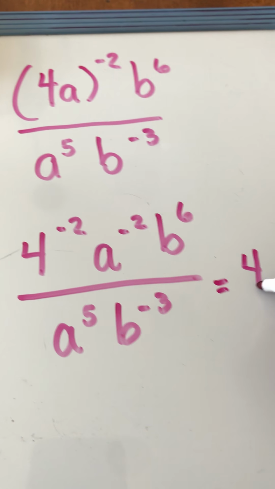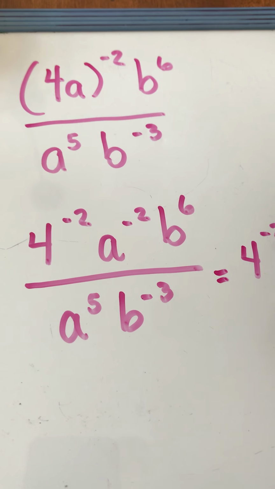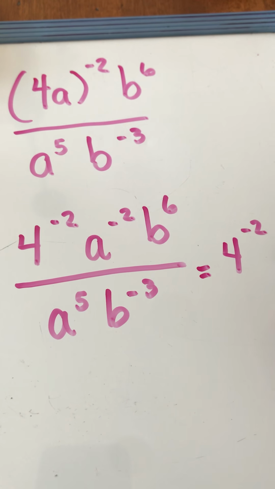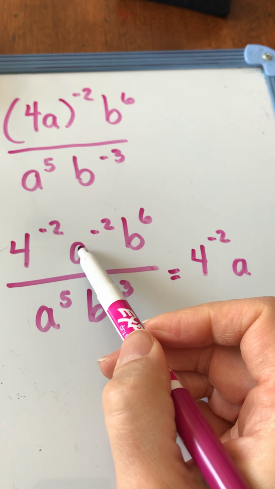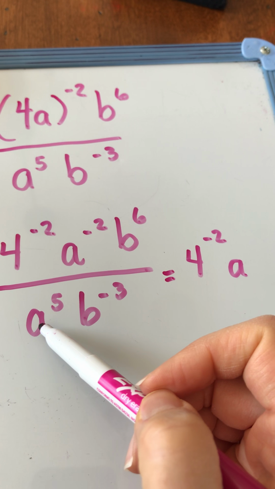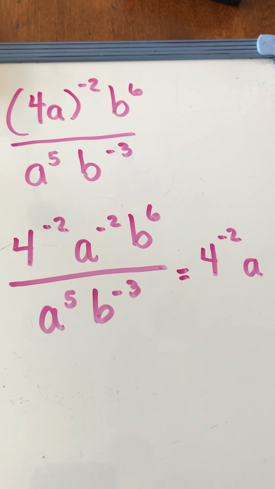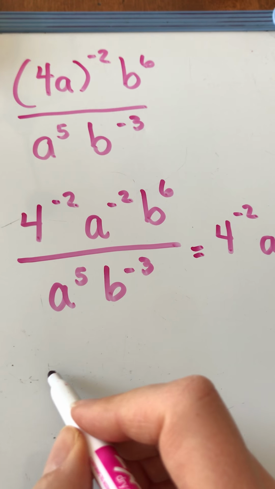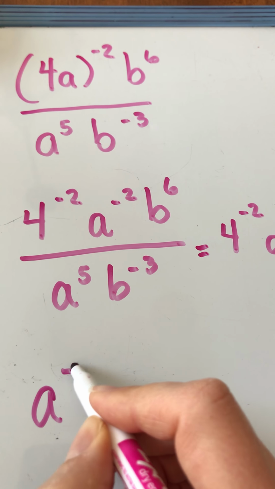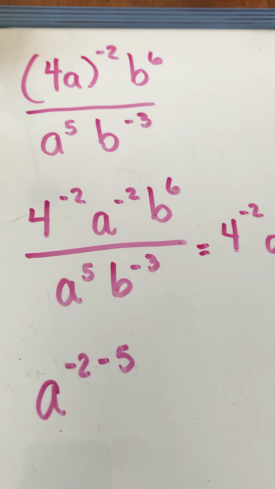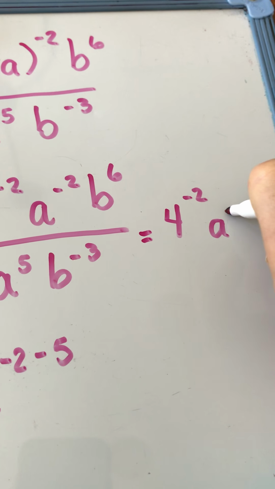So nothing to combine with the base 4, so I'm just going to leave that like this. Now my a's, a to the negative 2nd divided by a to the 5th. I need to subtract, so I got to think, okay, I'm subtracting those exponents. It's negative 2 minus 5. That's going to make a to the negative 7th.